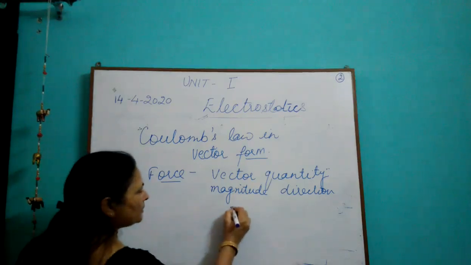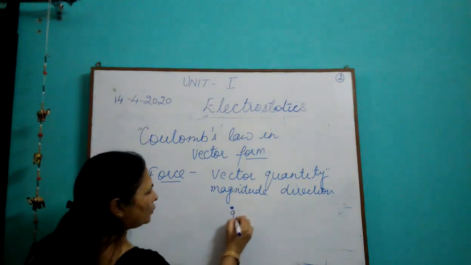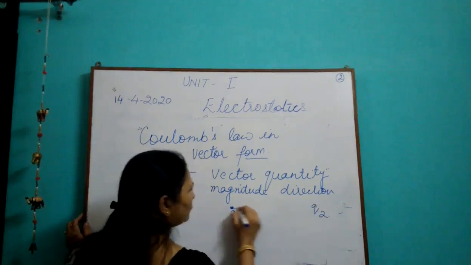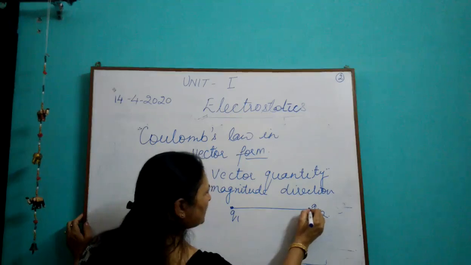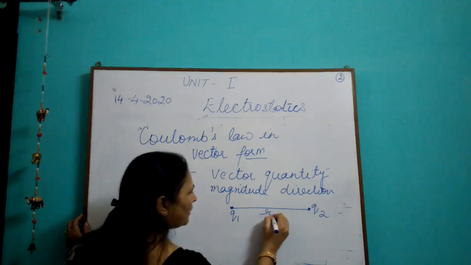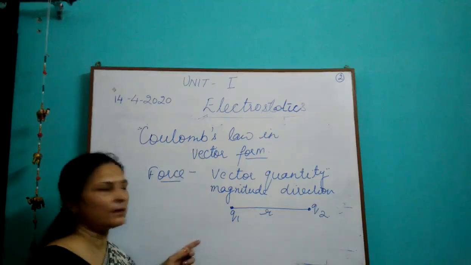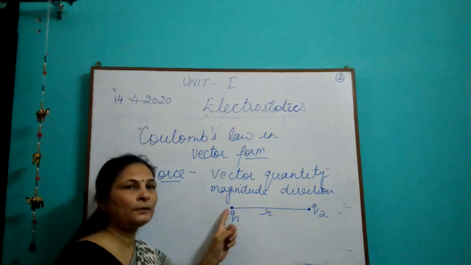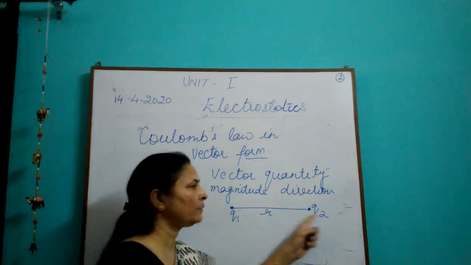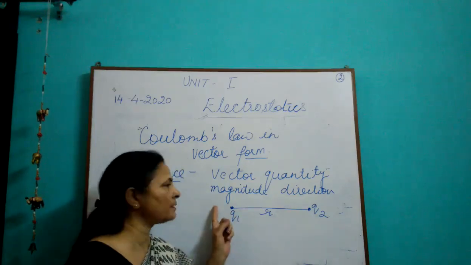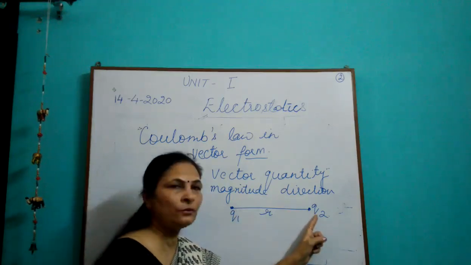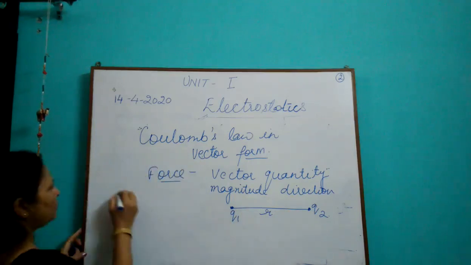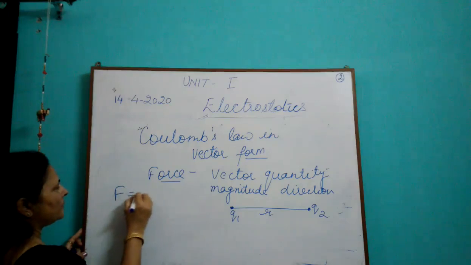Consider the two charges, say Q1 and Q2, placed at a distance R apart. Now the force on Q1 because of Q2 will be the same as the force on Q2 because of Q1 according to Coulomb's law.